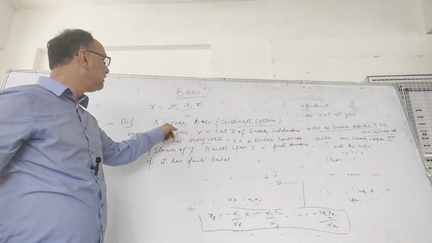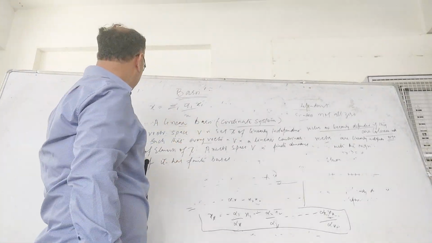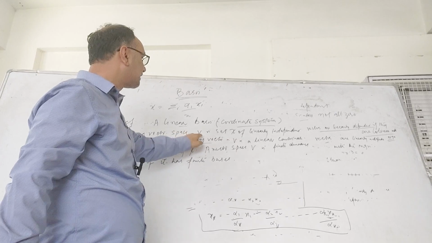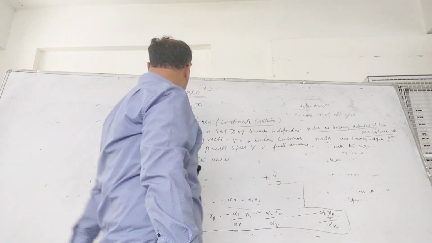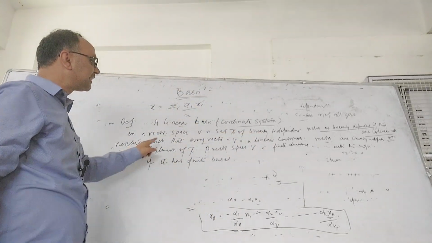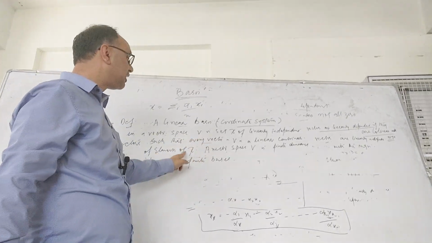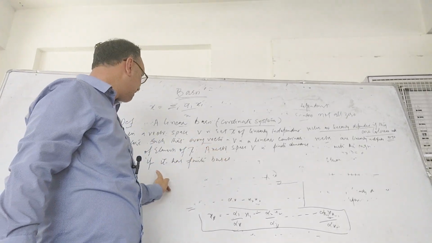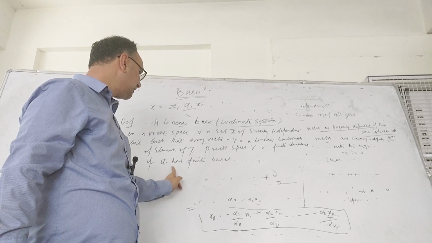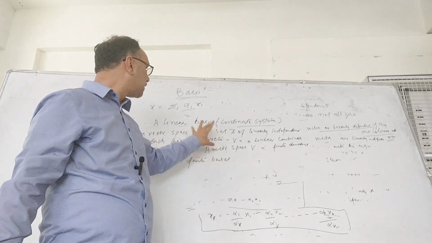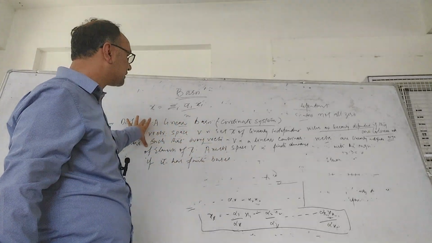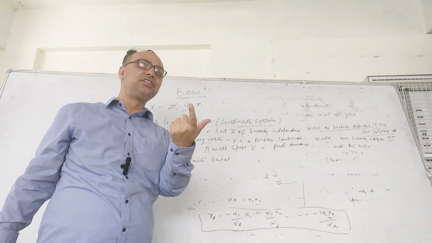A linear basis in a vector space V is a set chi of linearly independent vectors such that every vector is a linear combination of elements of chi, and a vector space which is finite dimensional has a finite basis. So a linear basis can only be defined this way.